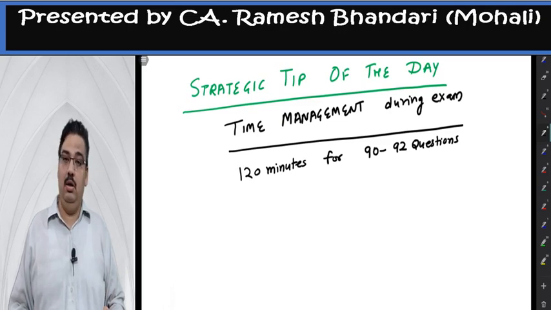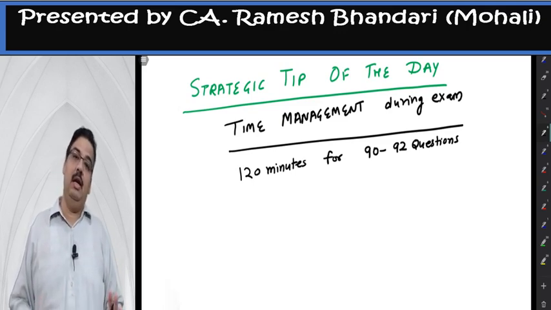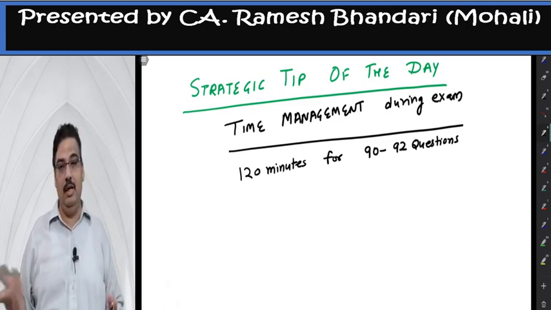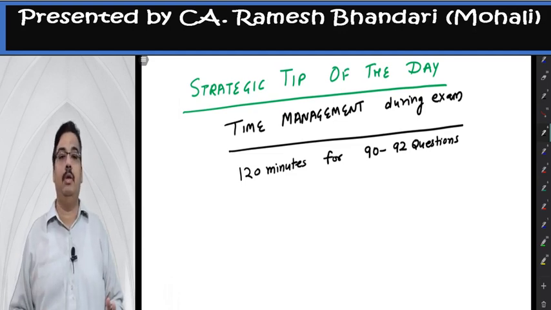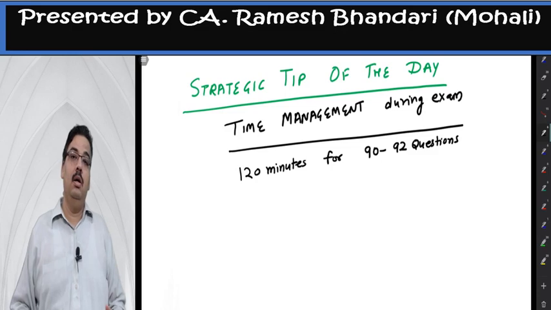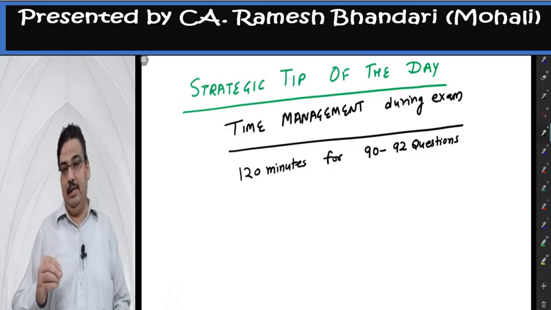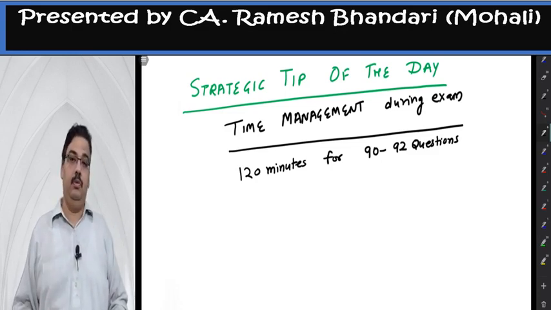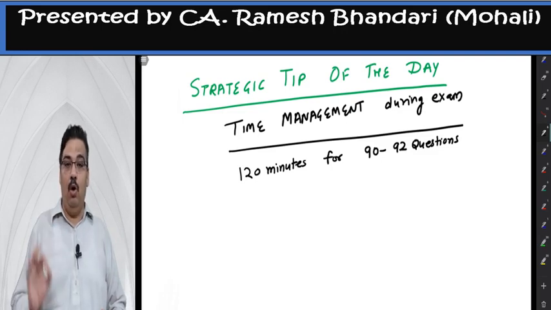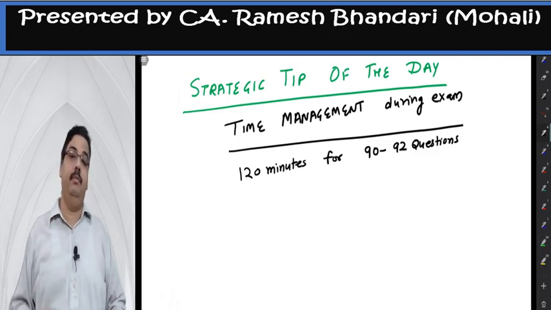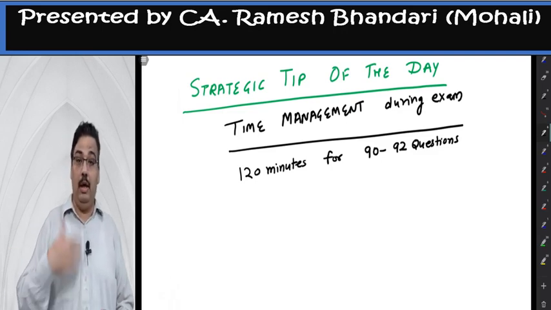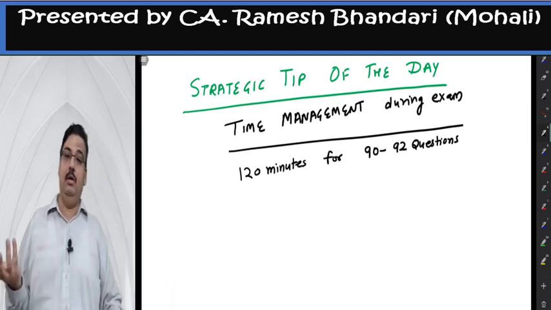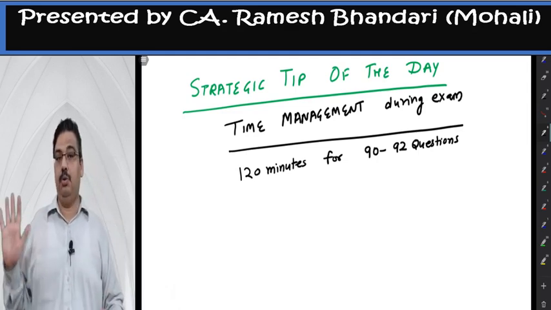I was not great in doing many things. I left a few things, as I talked yesterday also. You can leave some things, but you'll have to read before you leave. Now, while you are doing the exam, there is an option. You can click a button that I want to recheck this question in the end. Even if you don't click it, you can recheck the questions that you have attempted for sure.